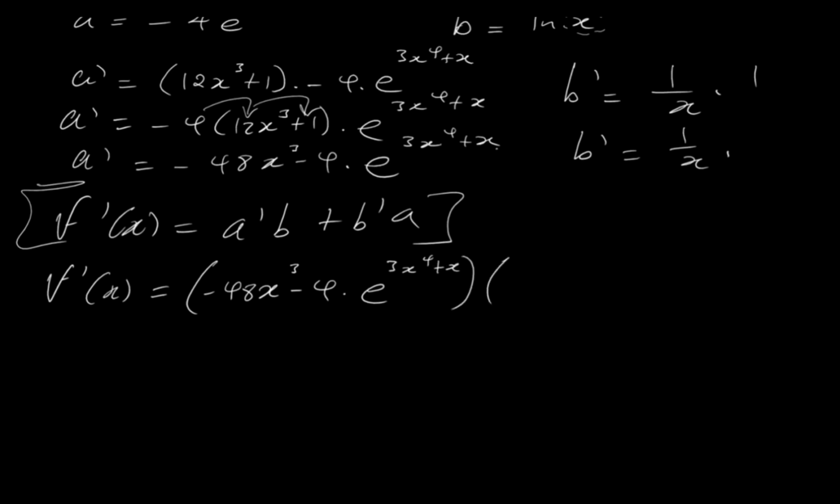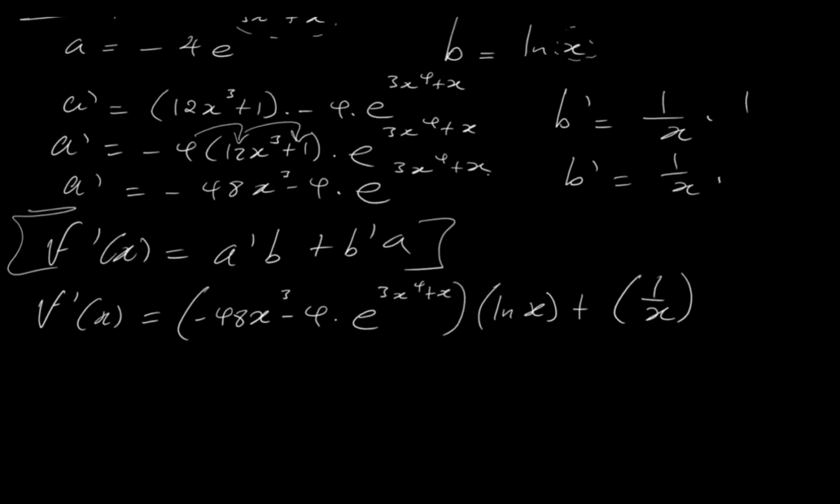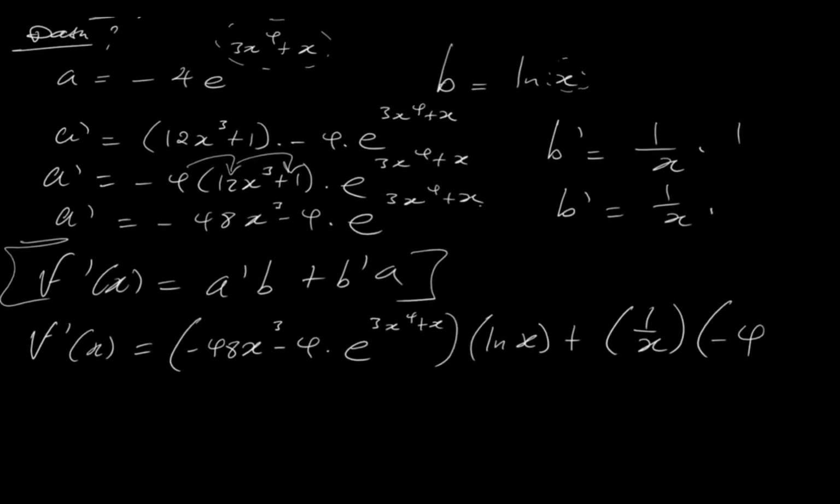Then b is simply x plus a, plus b prime, which will be what? 1 over x times a, which is simply minus 4e to the 3x to the fourth plus x. Simple as that. Now, if you want, you can fold it out.